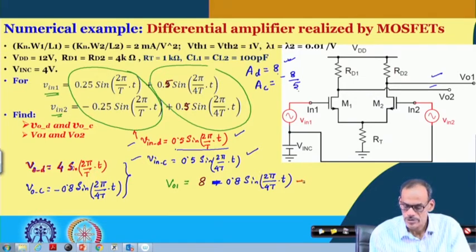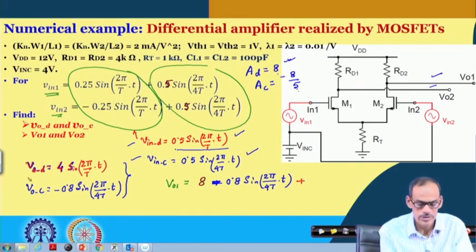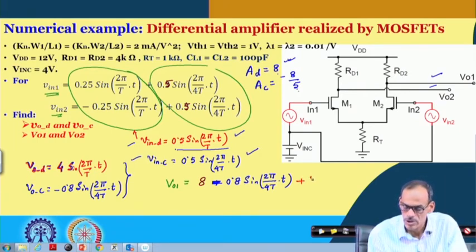So, that is plus, in phase with this differential. So, that is plus 2 sin 2 pi by capital T into small t.